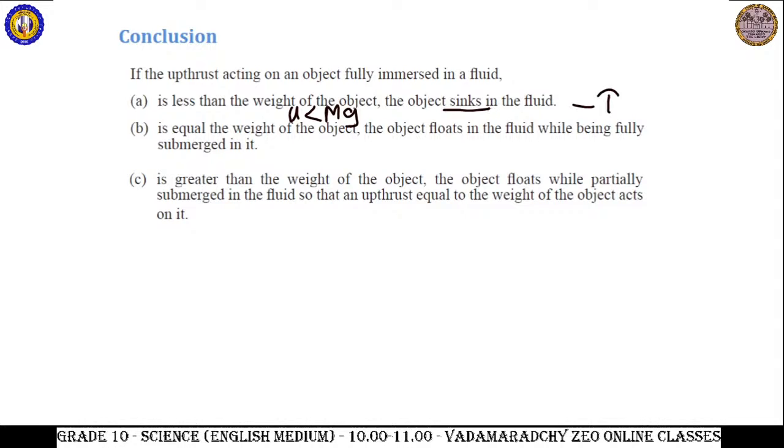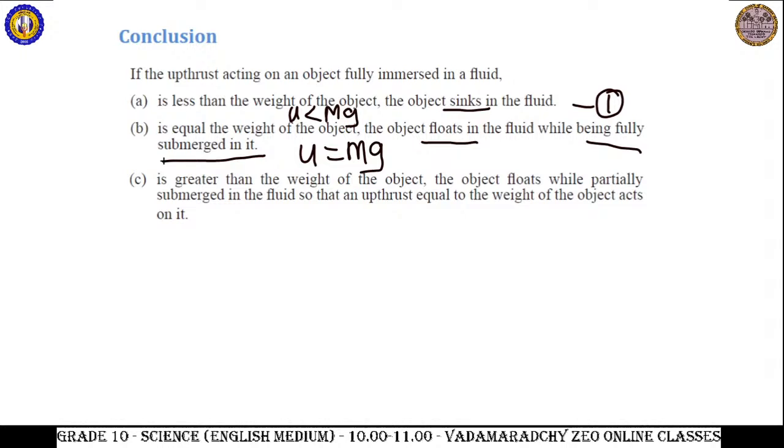And the second conclusion: if the weight of the object is equal to the upthrust, that is upthrust equal to mg, the object will float in the fluid, fully submerged.